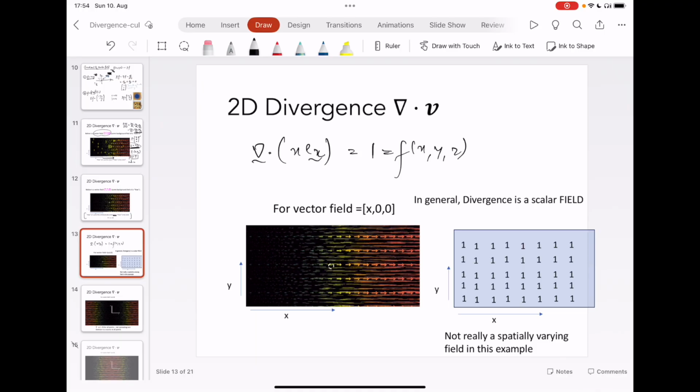So if you take a divergence of a vector field, it gives you a scalar field in general, meaning it gives you a scalar map. In that particular case, it is 1 everywhere in the domain. So wherever you point and wherever you select, you're going to find that the divergence is equal at each place.